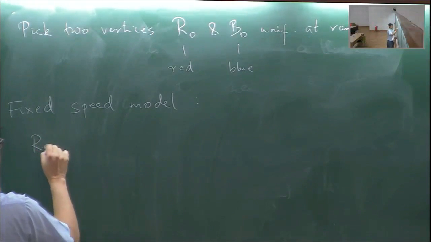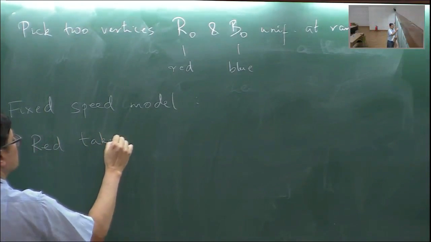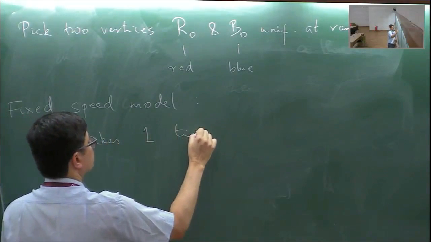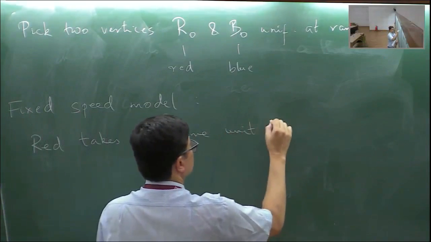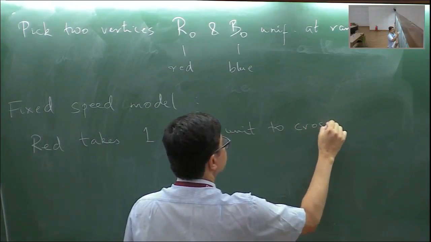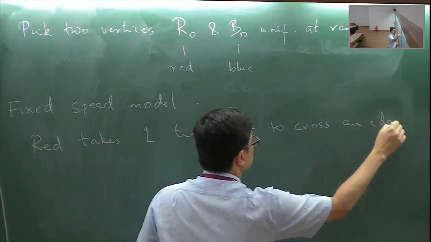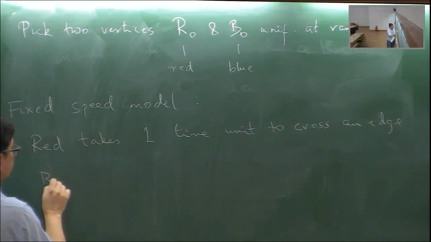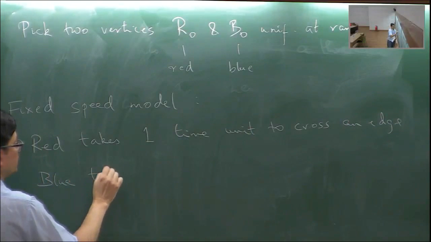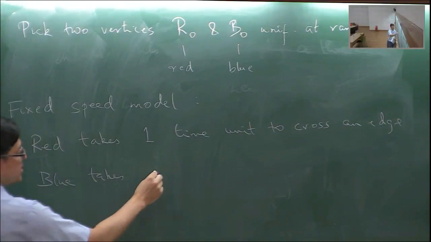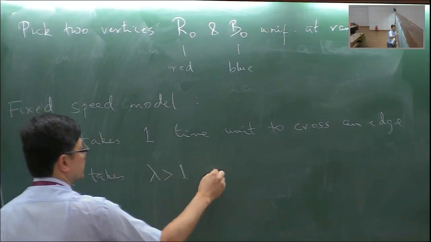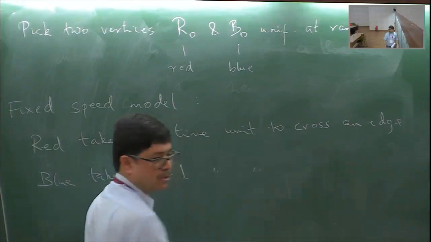Red takes 1 time unit to cross an edge, and blue takes some deterministic lambda bigger than 1 time unit to cross an edge.